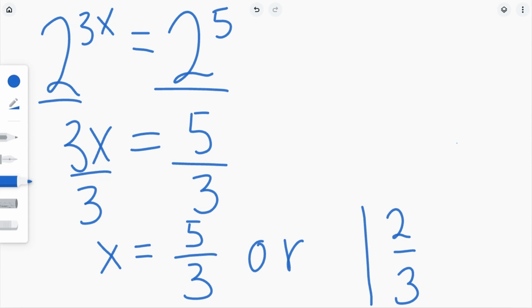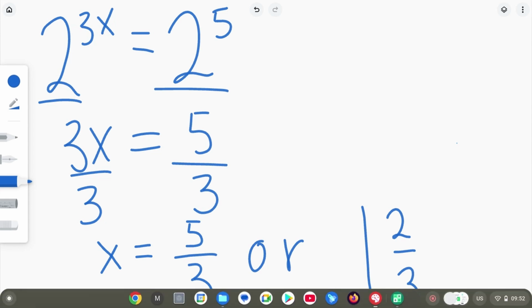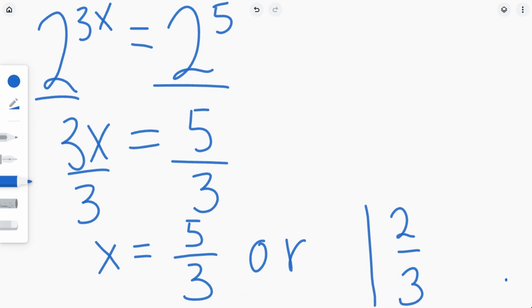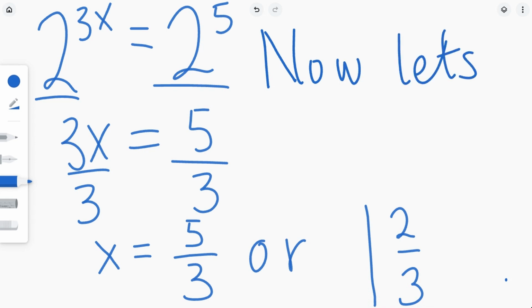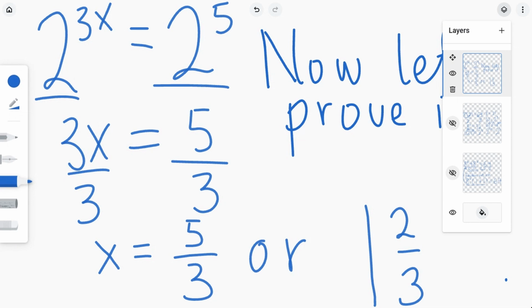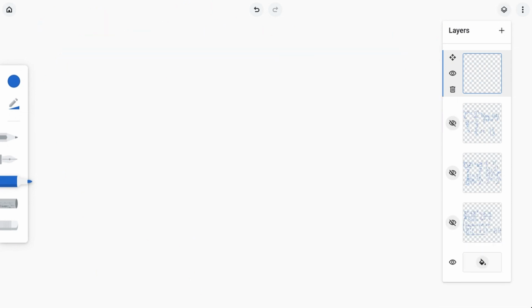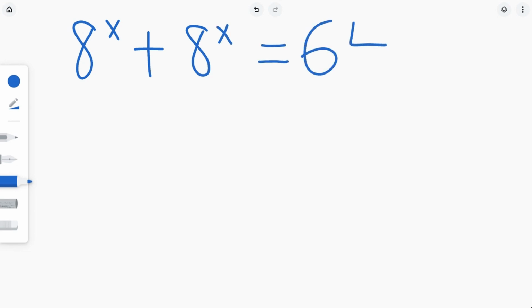Alright, so with this we can also prove it. So now let's prove. I want to prove to you that the answer we have, 5 over 3 for x, is actually the correct answer. So let's go to another layer. So let's write our first equation, or the main equation, which is the question. 8 raised to the power x plus 8 raised to the power x is equal to 64.